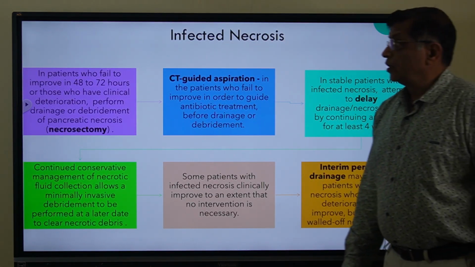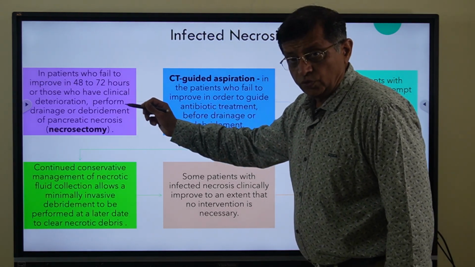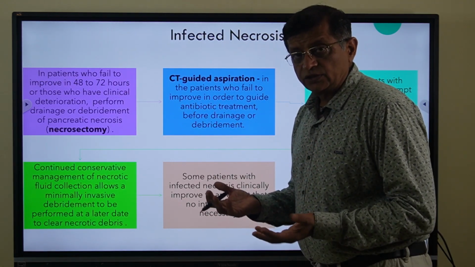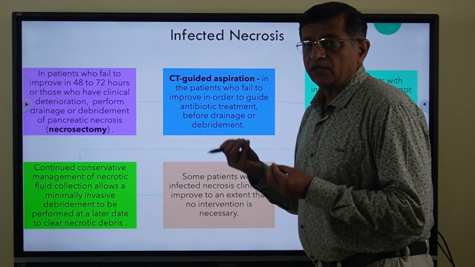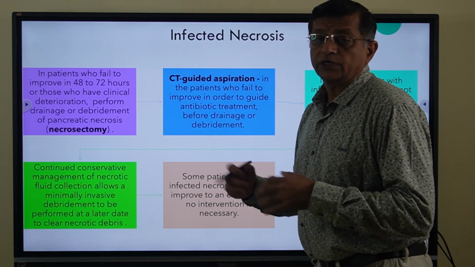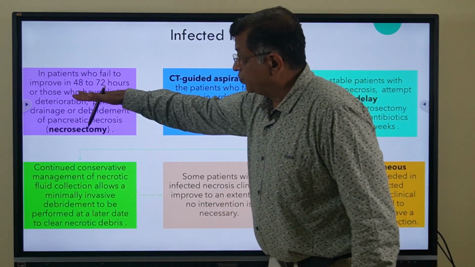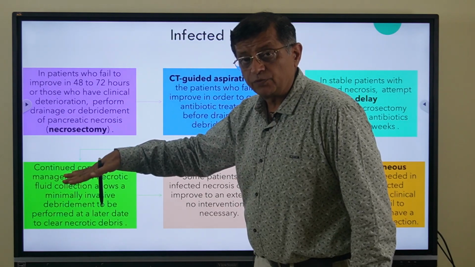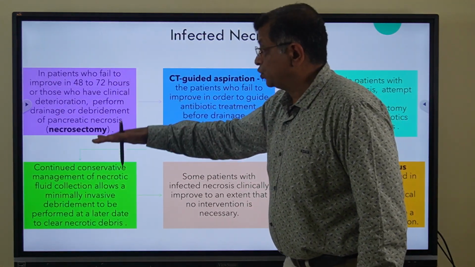Now, in patients who fail to improve, you thought that the patient has deteriorated, you got a CT scan done, CT showed some air in the necrotic tissue, so you started antibiotics, and even after 48 to 72 hours, the patient has not shown any sign of improvement. In fact, the patient has actually deteriorated.